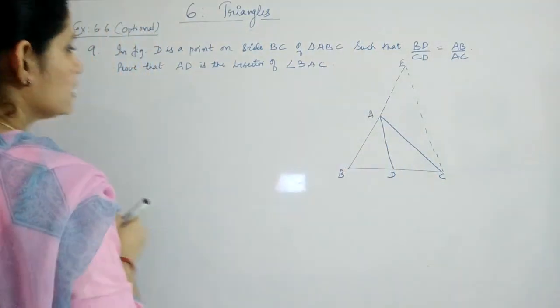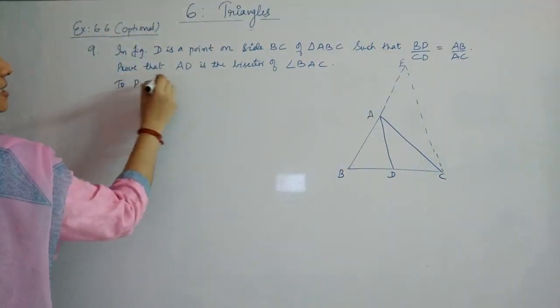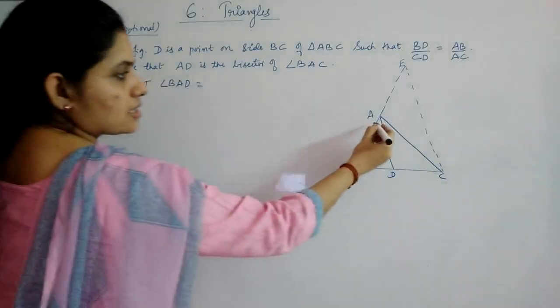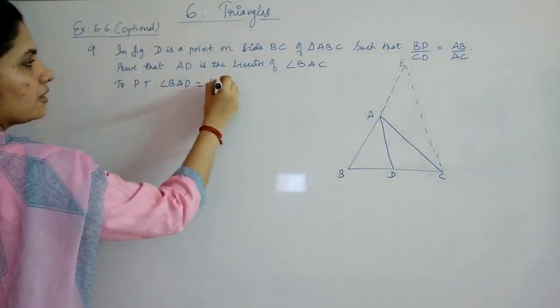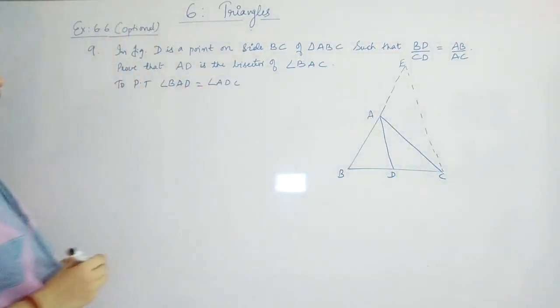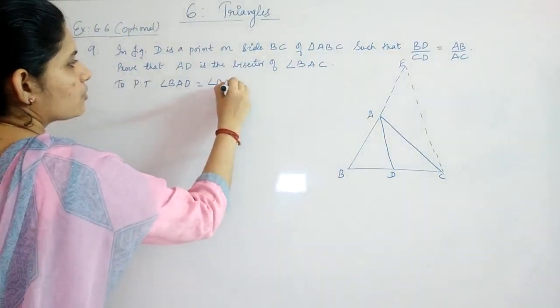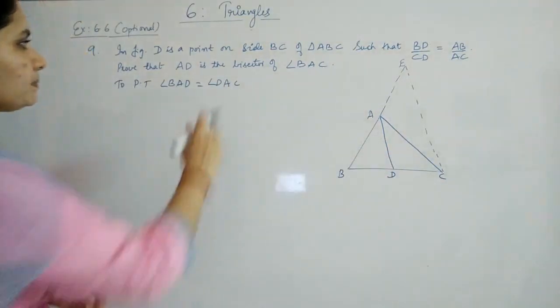That means your ultimate aim is to prove that angle BAD is equal to angle DAC.